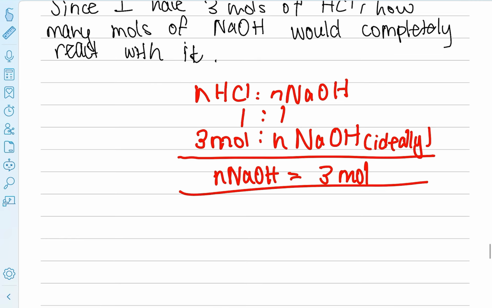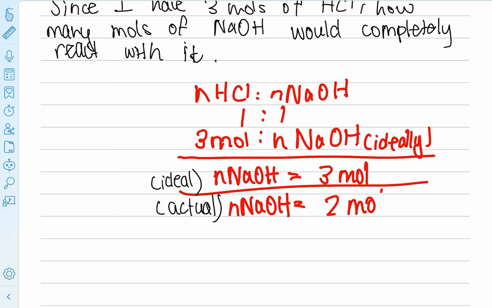But then you take your ideal moles and compare them to your actual moles of sodium hydroxide. How many actual moles did they tell you about in the question? You've got 2 moles, 2 actual moles, meaning you don't have enough. Ideally, you want 3 for a complete reaction, but you've only got 2. What does that mean? It means that your sodium hydroxide is not enough.